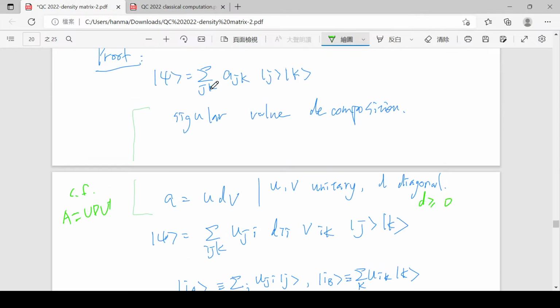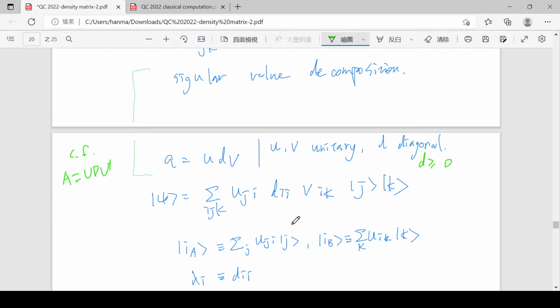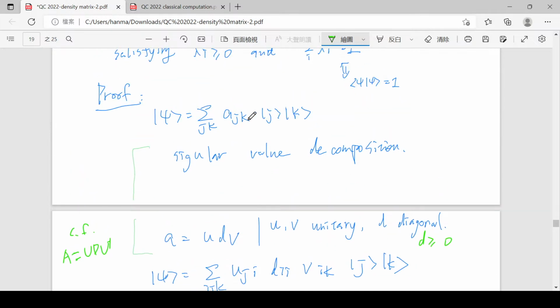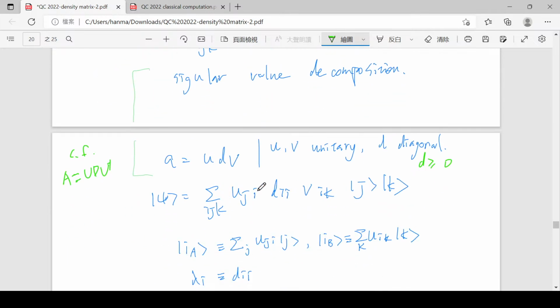Then we can write a_jk as the elements of U times D times V, which is a sum over i, because D is just a diagonal matrix, so you only need to care about D_ii. So a_jk can be written as a summation over i of U_ji, D_ii, V_ik.